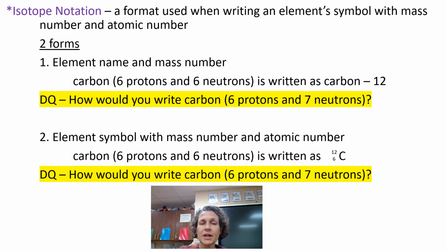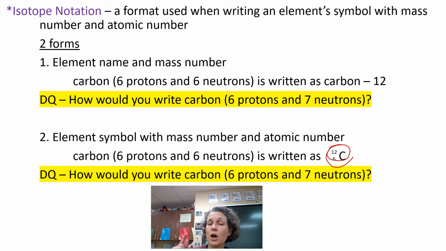The 12 is because I've added the 6 protons and the 6 neutrons. So that's one format. The other one is more the shorthand, where you have the element symbol, and it has the mass number on the top, and that's what I'm talking about right here. Has the mass number on top, so that's the 12.